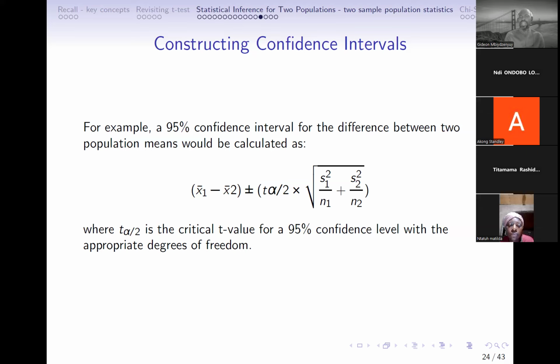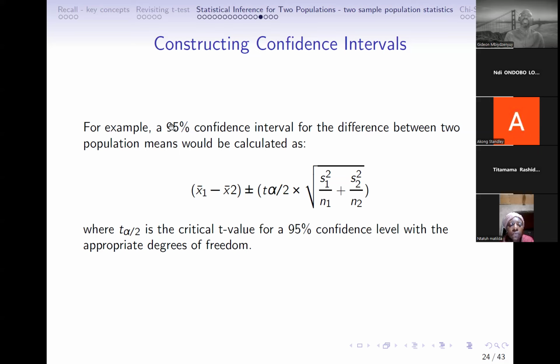So we are looking at the confidence interval for the difference between two population means: population 1, the mean value, population 2, the mean value. What is the 95% confidence interval for that? Basically, what is that interval where this difference would occur with, I don't want to say 95% chance, if we repeatedly do it.